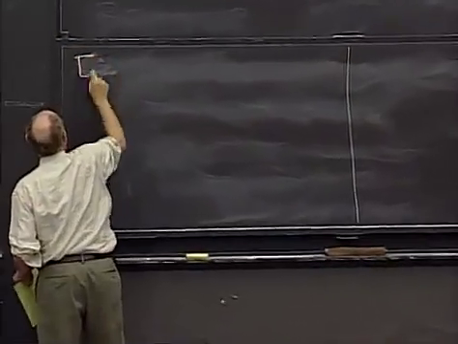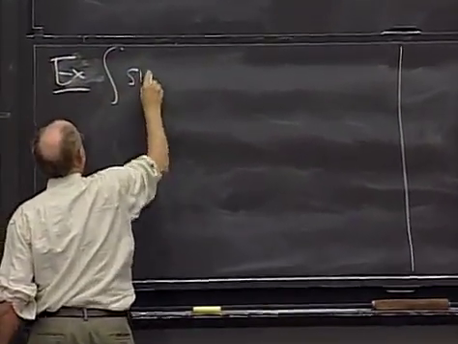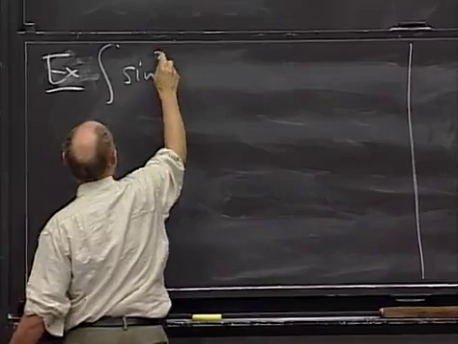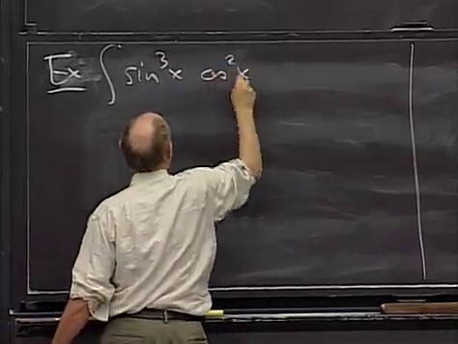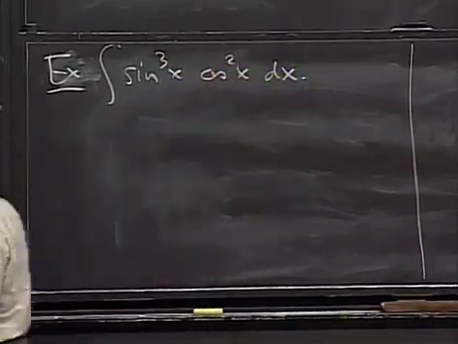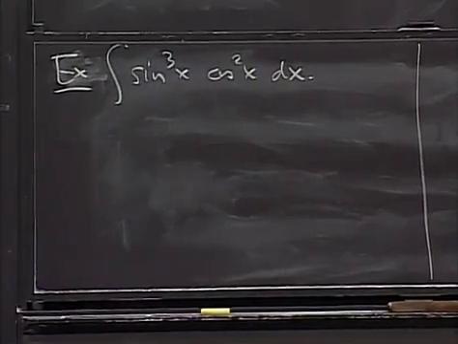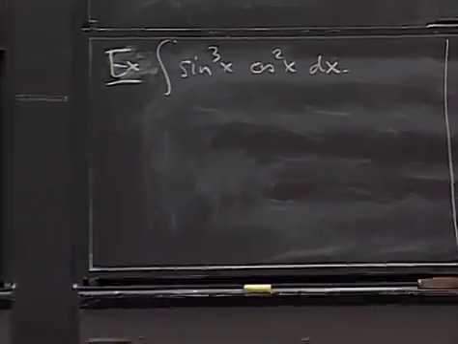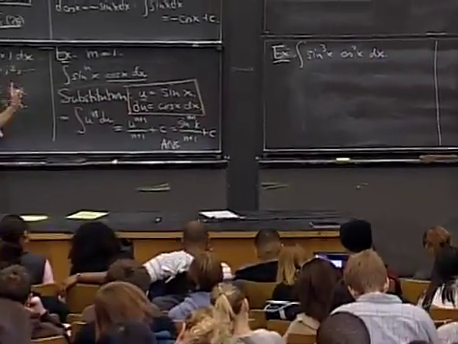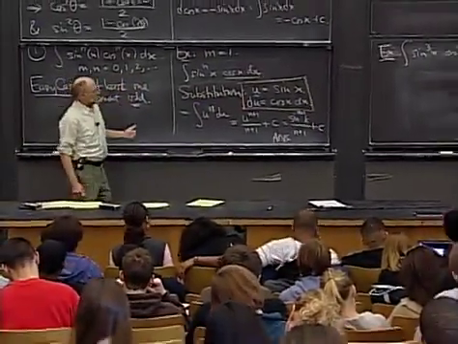So here's another example. Okay, now I do have an odd power. One of the exponents is odd, so I'm in the easy case, but it's not 1.